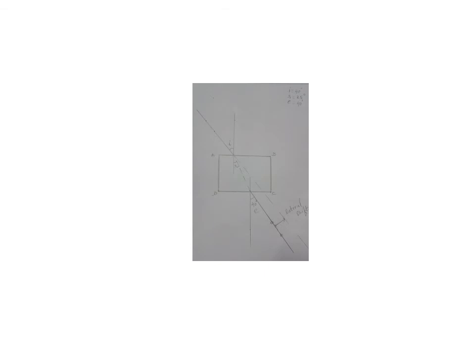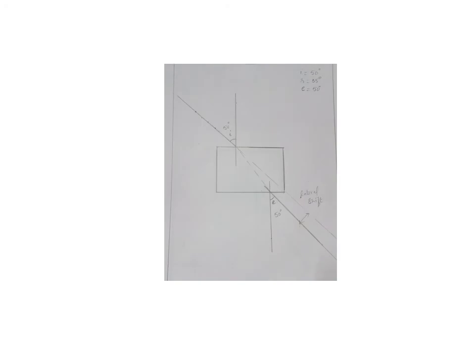In the same way I have done for I equal to 40. Here also I got R, the angle of emergence, and the lateral shift also. In this, it is the same thing, but here I have taken I equal to 50, and I got E equal to 50.